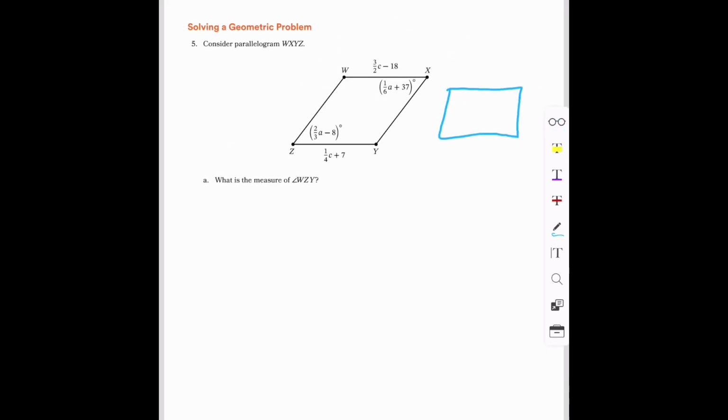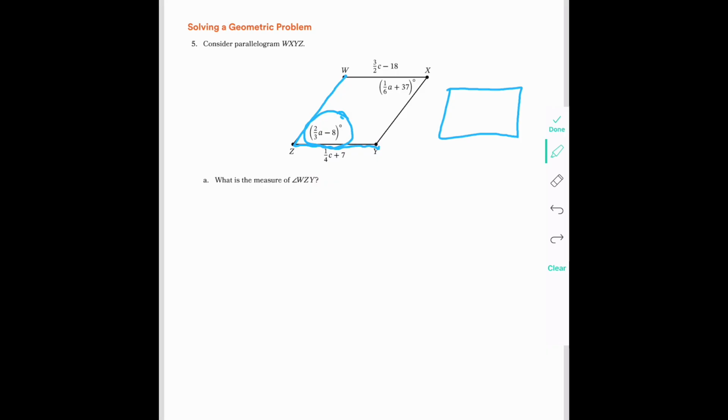The problem says, what is the measure of angle WZY? So remember, when we're looking for an angle, we need 3 points. So that would be W from Z to Y. So this expression is what they have for us for WZY.